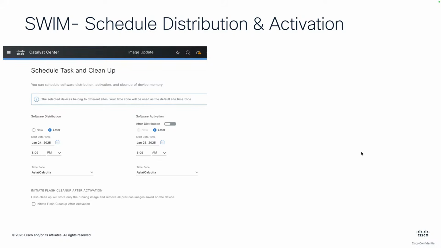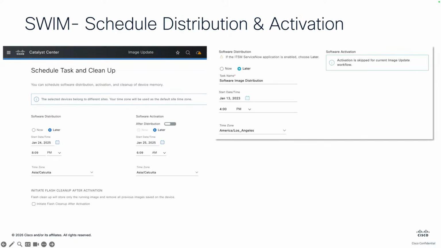Catalyst Center will allow you to do the software distribution now or later, and the activation now or later. You can define the dates, and after that, you will follow on to tasks where you will be able to see how these are prepared to be completed, and then you can manage them from the task perspective on Catalyst Center.